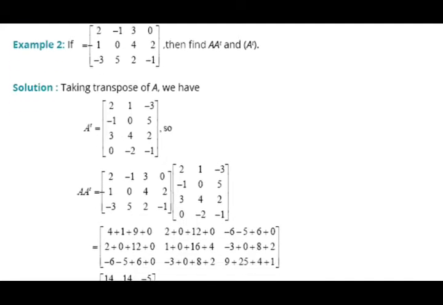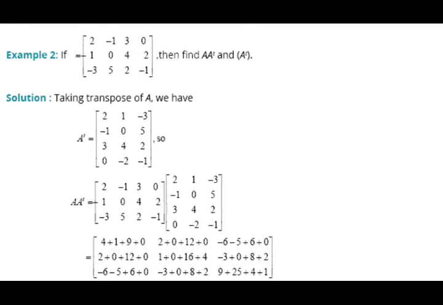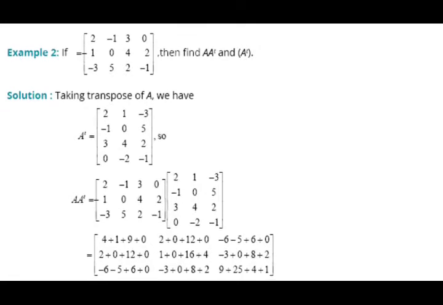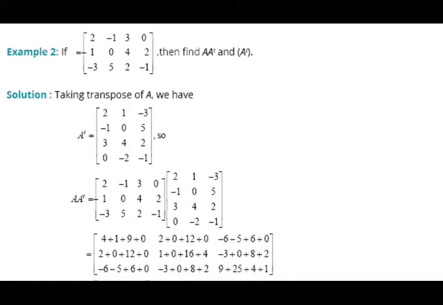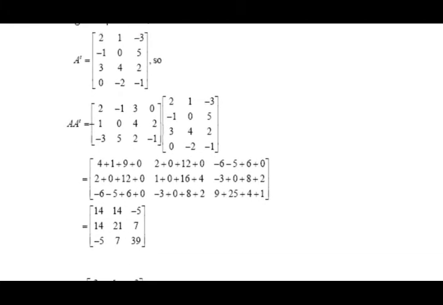Now we multiply these two matrices. First we write A and then A transpose. In A, order is 3 cross 4, and in A transpose, order is 4 cross 3. The columns of the first and rows of the second are the same, therefore they can be multiplied.